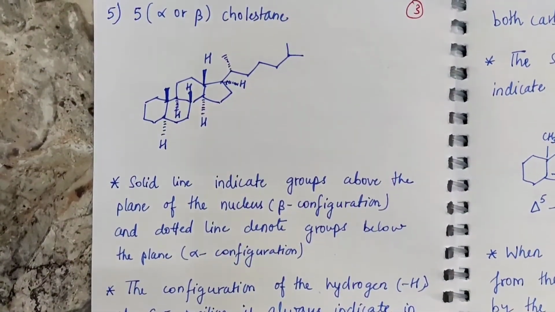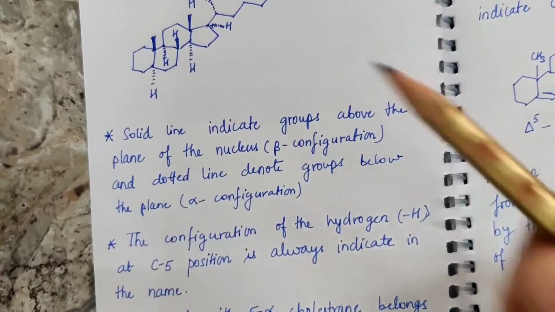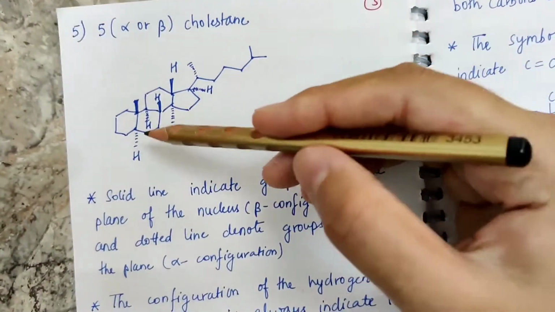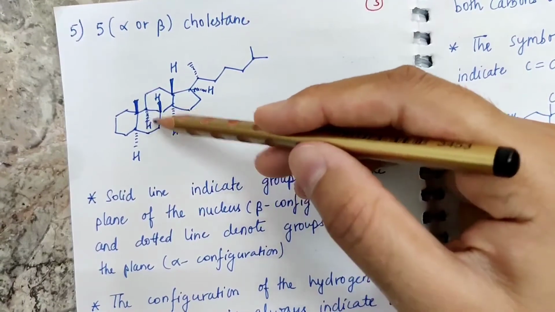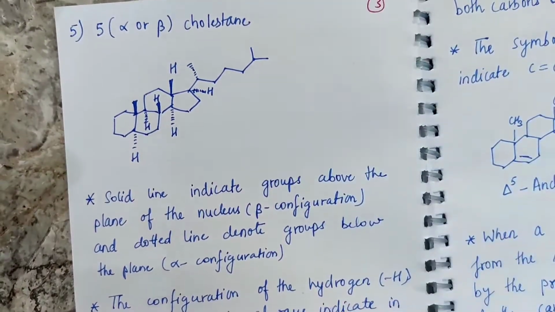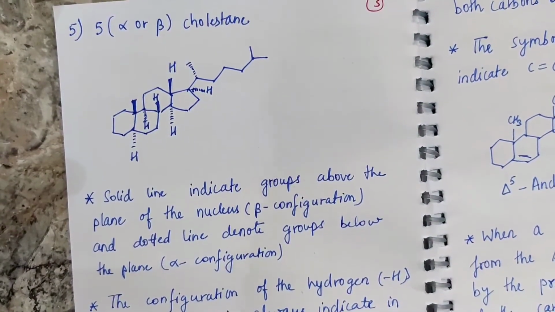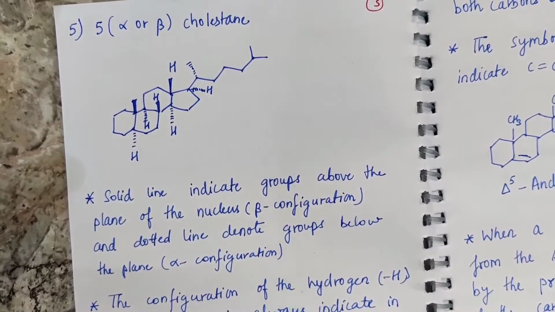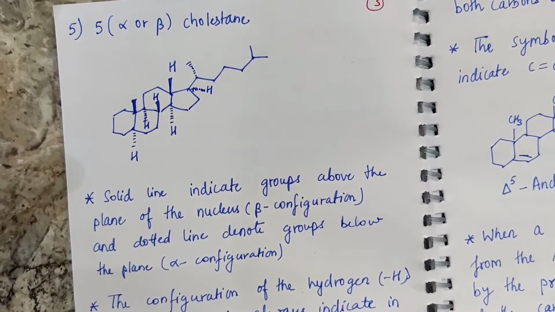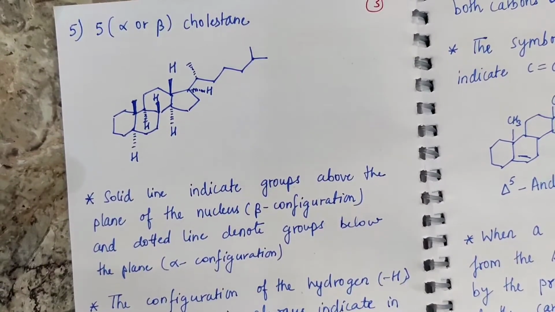Okay, and if you see the structure of cholesterol, we have wedged and dashed bonds. So this is a very basic thing, everybody knows this. Solid line indicates the groups which are above the plane of the compound.